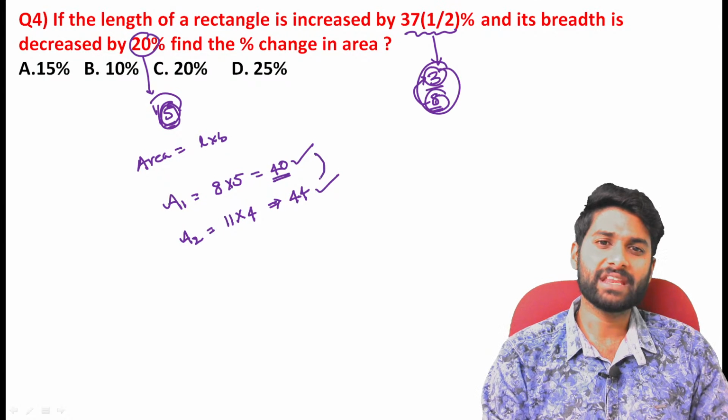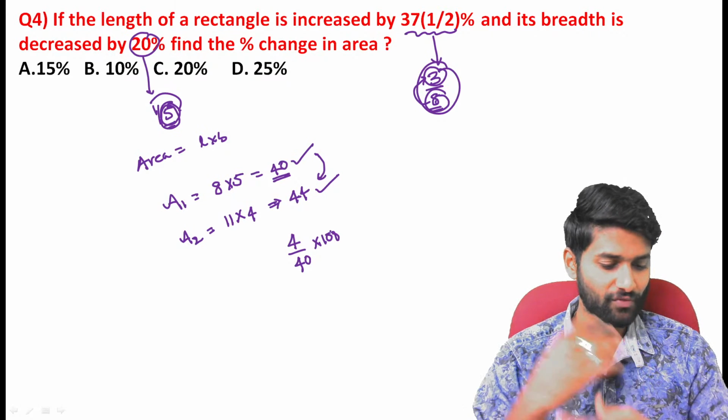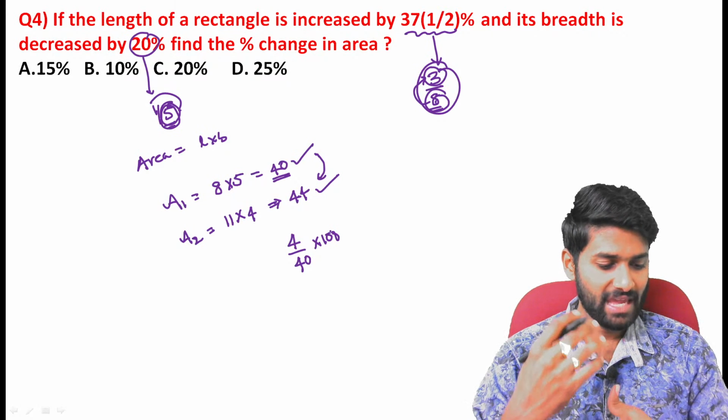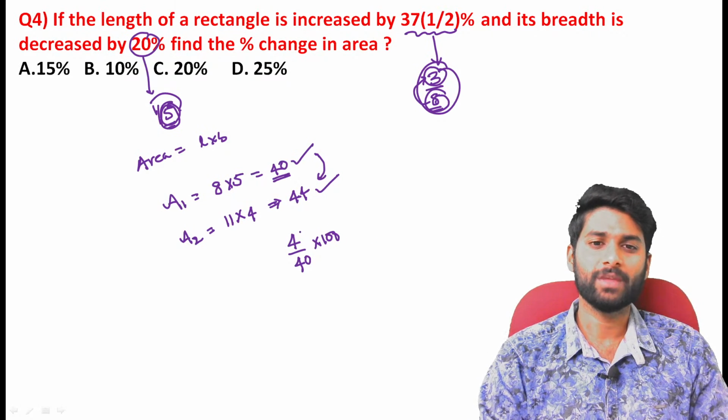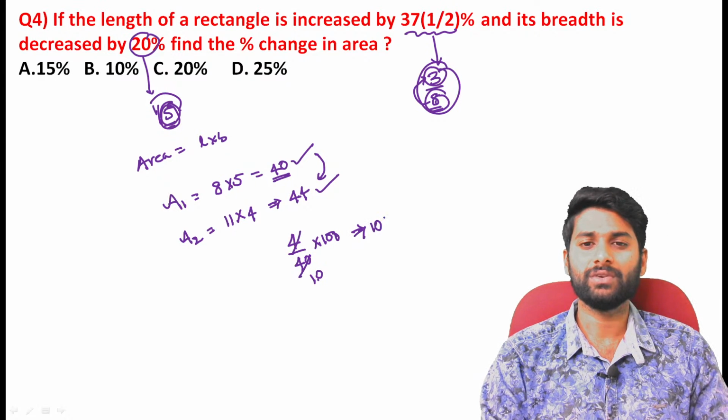Now how much area does it increase? 4 units increase out of 40 into 100. Same, you just consider it as a formula like percentage of change: final value minus initial value by initial value into 100. Now see, 4 ones are 4, 4 tens are 10 become 100, exactly equal to 10%.